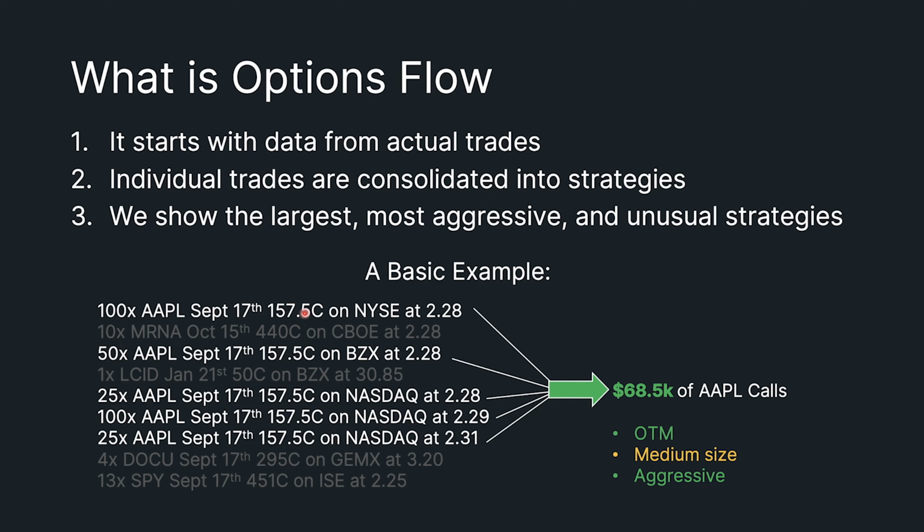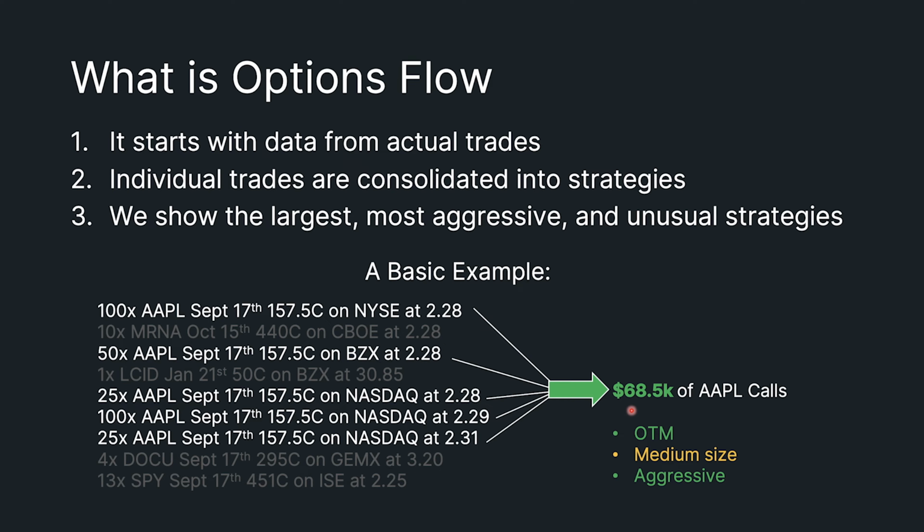For example here, these trades all came in at nearly the same time, and many of them were for this one contract on Apple. These trades took place on various exchanges, executing at the best price of 2.28, as well as some of the later trades that push the price upwards. OptionStrat pulls this info together and indicates that a trade of around $68,000 for these Apple calls was made.